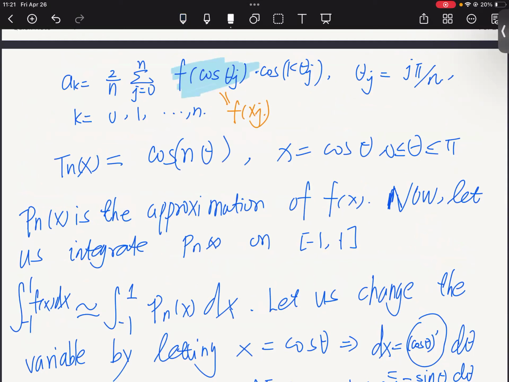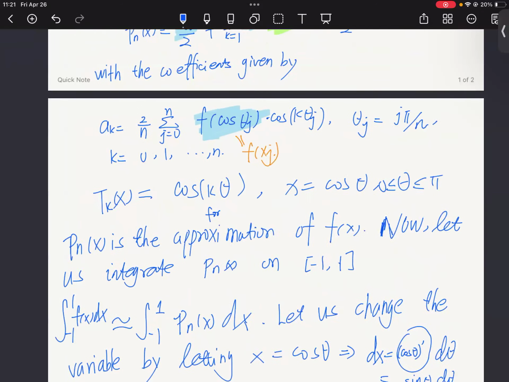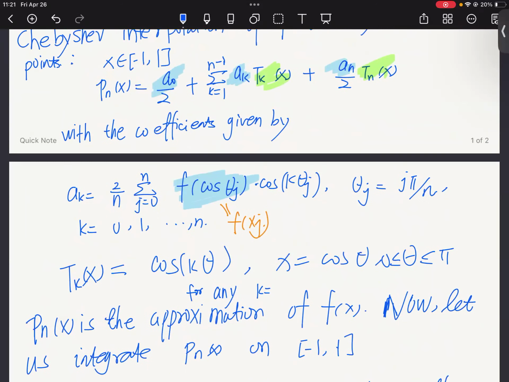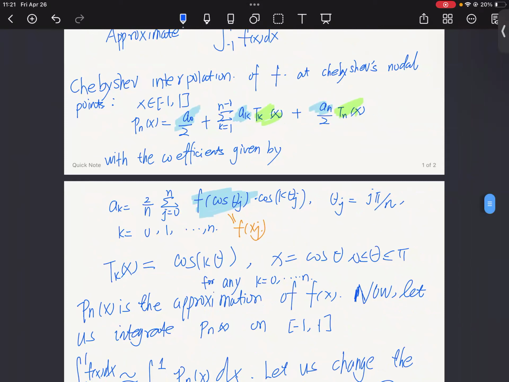Here it should be Tn(x) and then Tk(x), and then for any k, it's between 0 and n. We just have 1, so we have 1 to n.